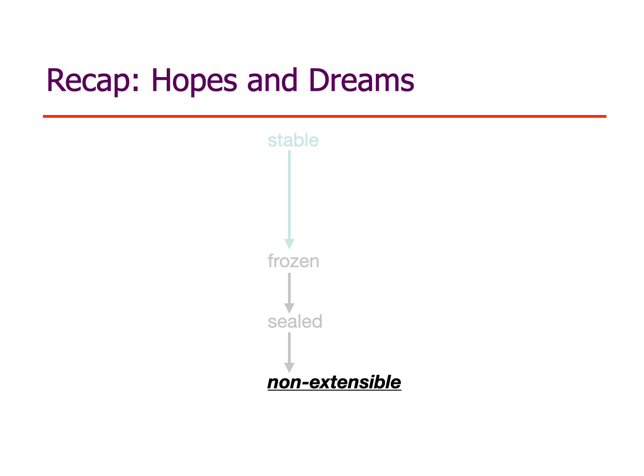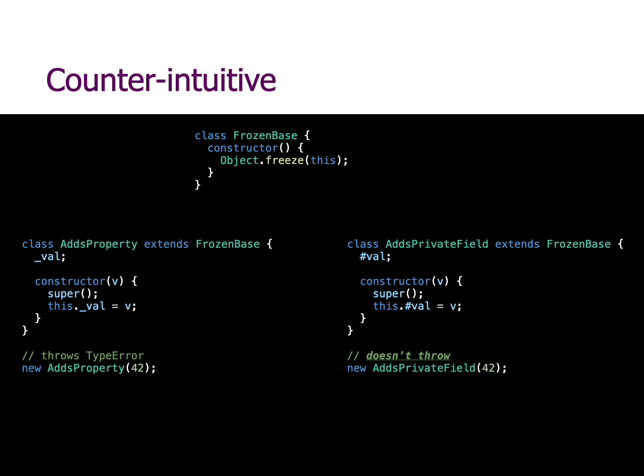And what the fixed integrity trait is about, or what this new behavior is about, is illustrated by the following code, the contrast between the subclass on the left and the subclass on the right. Just as an expository example, they both inherit from the same superclass named frozen base, and the superclass constructor, for whatever reason, just freezes this.